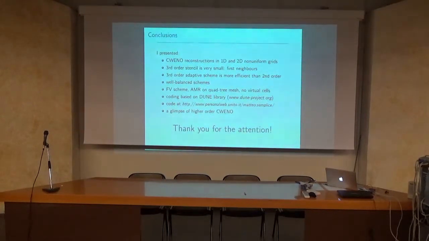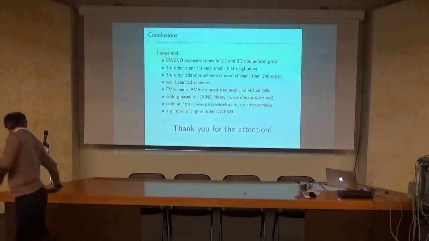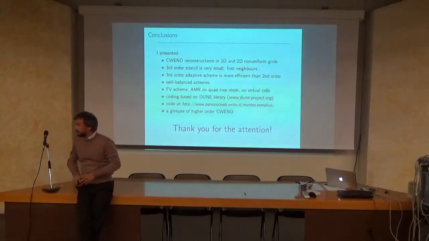Yeah. I didn't look very much at that problem, honestly. One good point of that third order CWENO reconstruction is that it has a very small stencil. Its stencil is just 1/7.